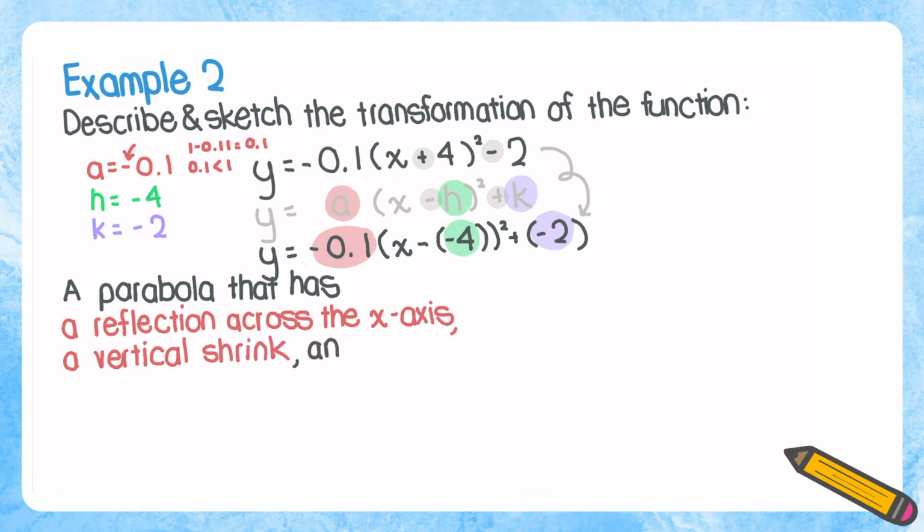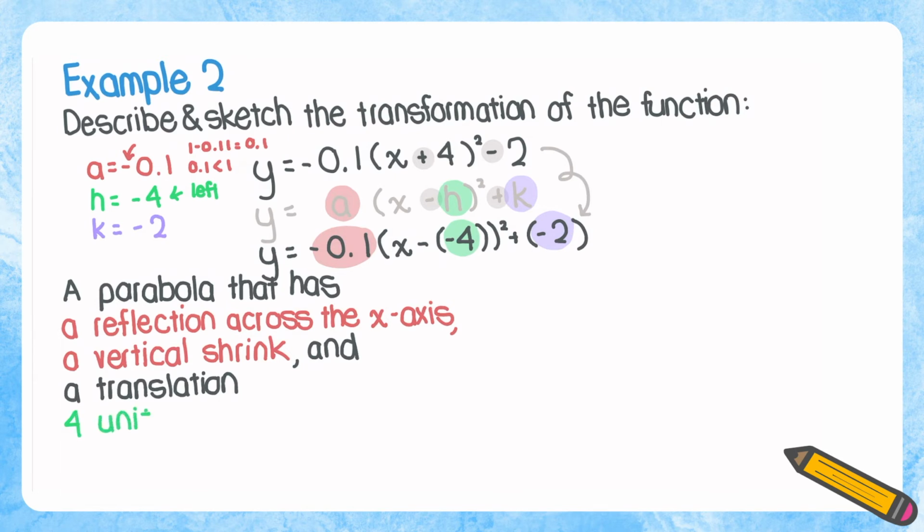And then we're also going to have some translations, so shifting the parabola around. So let's look at how we translate the parabola. Since h is -4, we're going to move to the left 4 units.